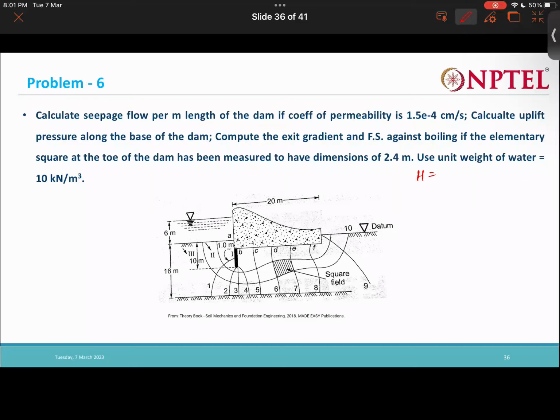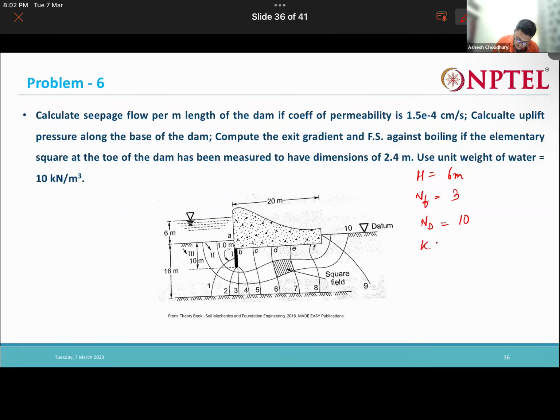6 meter. NF. NF means flow channel, right? Yeah. 3. ND. 10. So K is given as 1.5 into 10 to the power minus 4 centimeters.